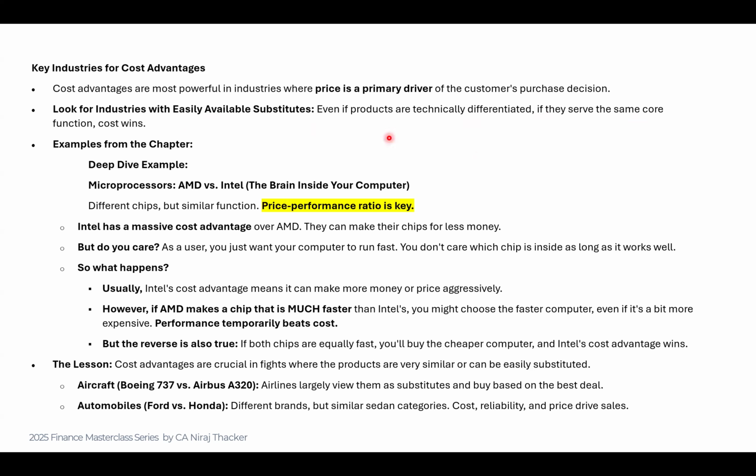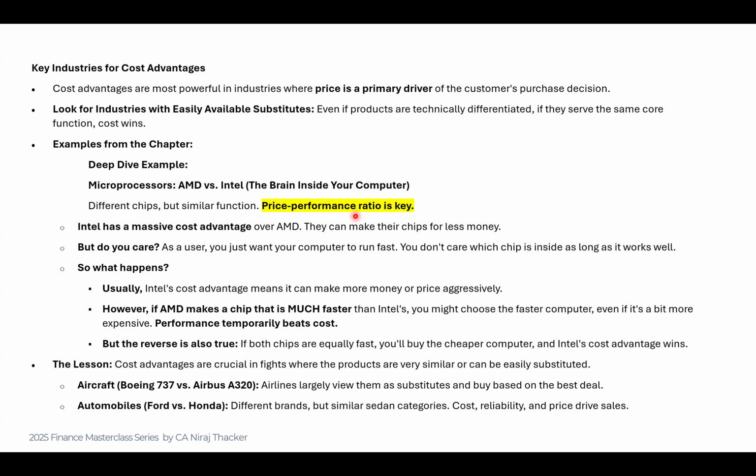Now we'll take some examples. I have taken two: the processor of AMD and the processor of Intel. Here, price-performance ratio is the key. Say AMD is costly and Intel is cheap. If both are giving the same performance, then I go to Intel, because it costs less and performance is the same.